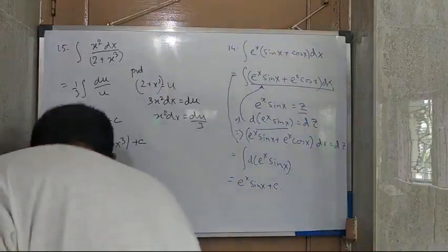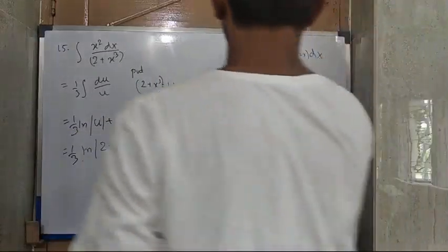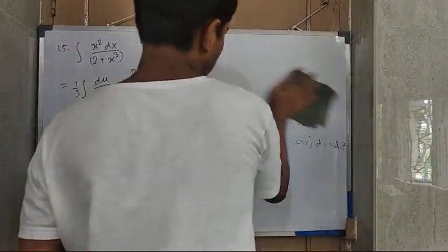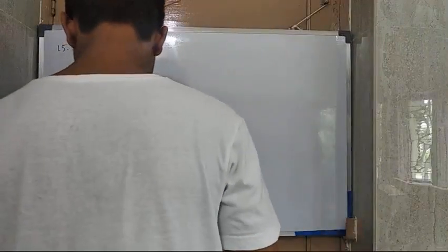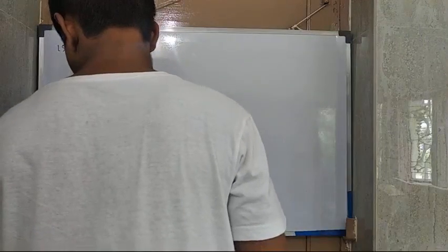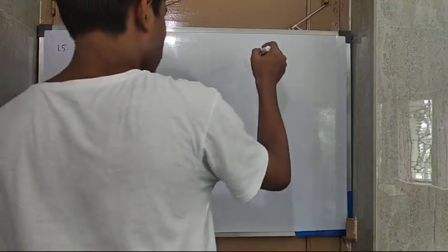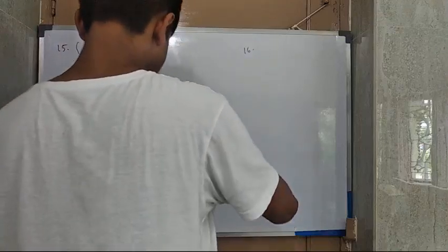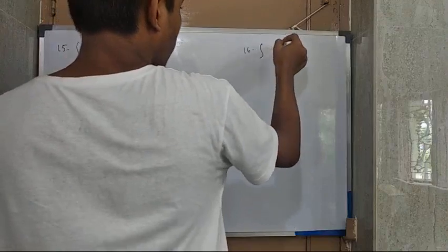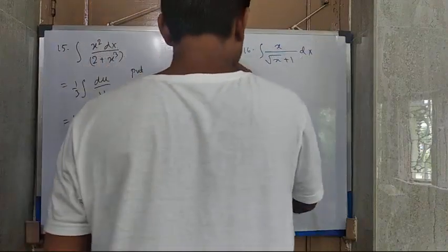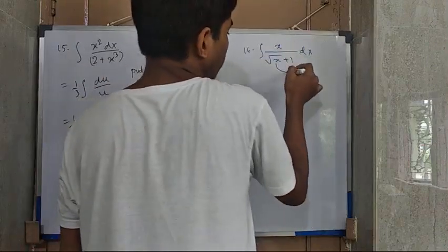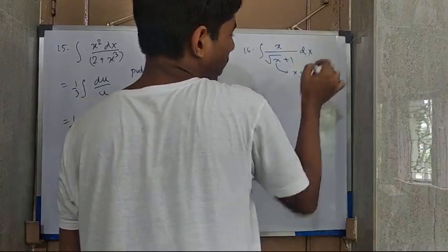Now let's proceed for the 16th one. The 16th question is integral x divided by root x plus 1 dx. So for this question, put x is equal to z squared.